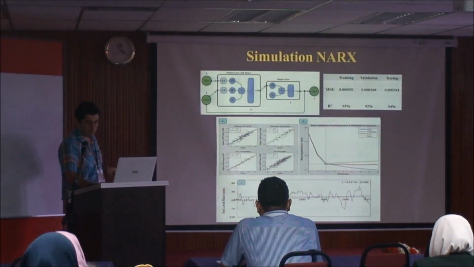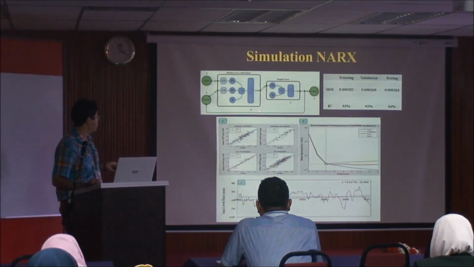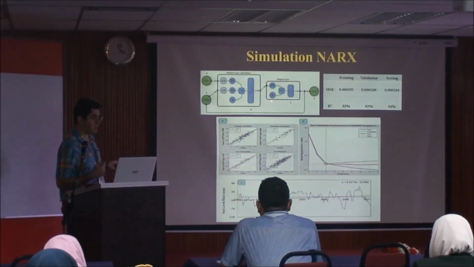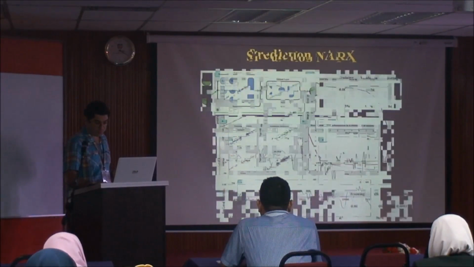This is the simulation result for NARX. After 100 runs, we find the best NARX neural network architecture with 4 lag and 5 input, 6 hidden layer, and 1 output.